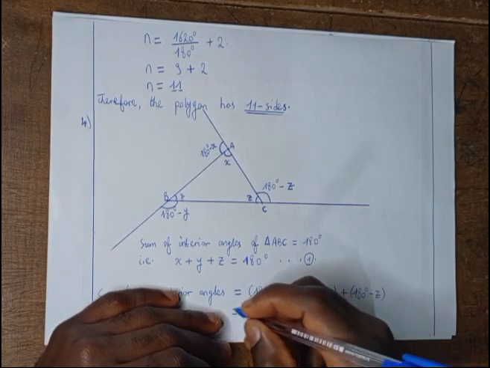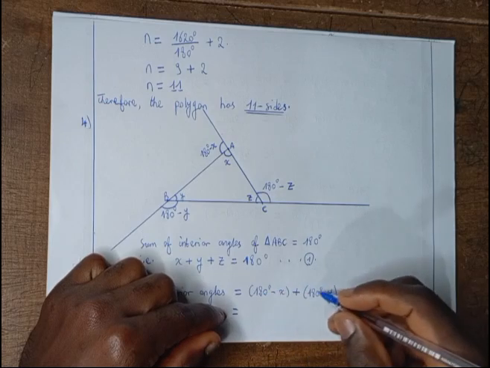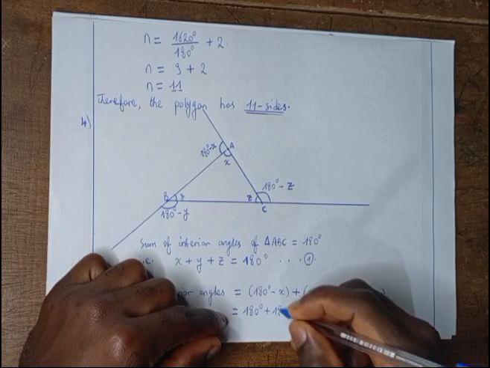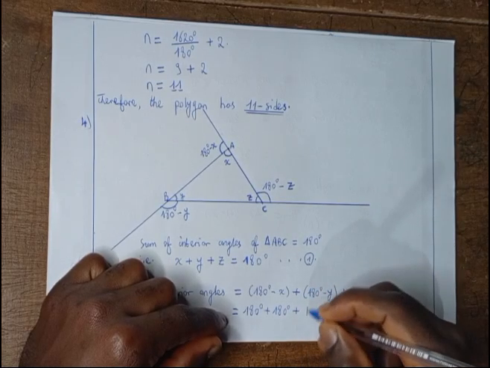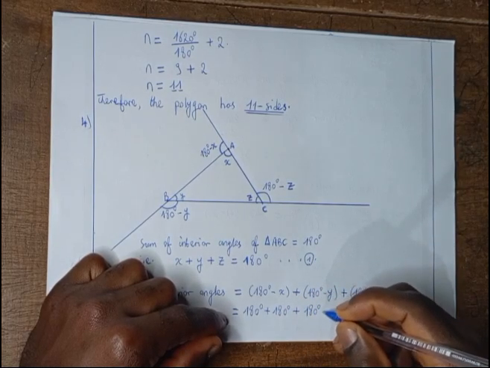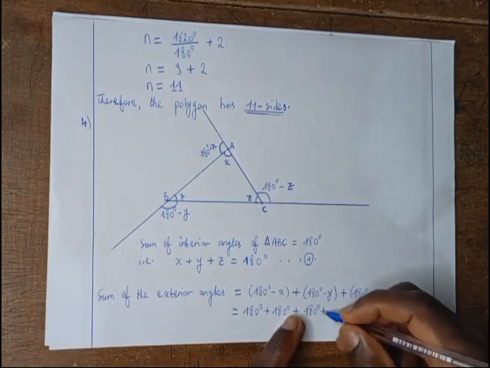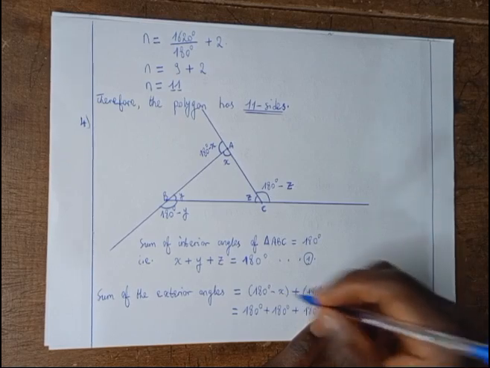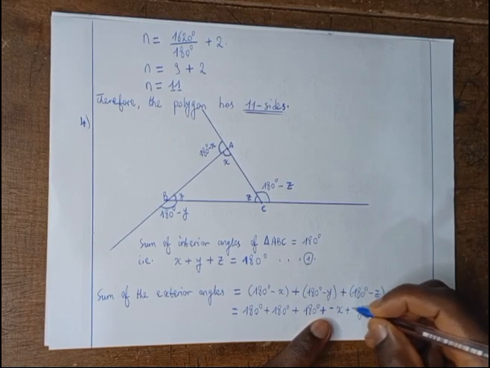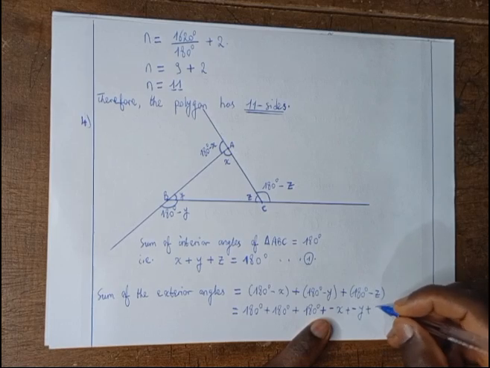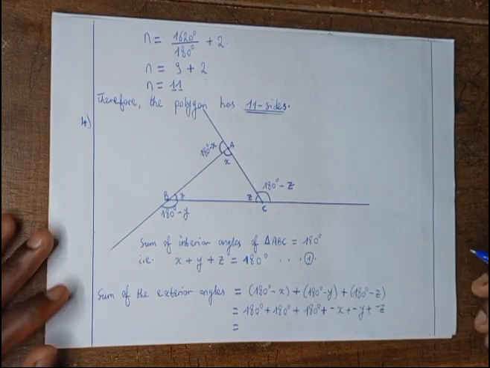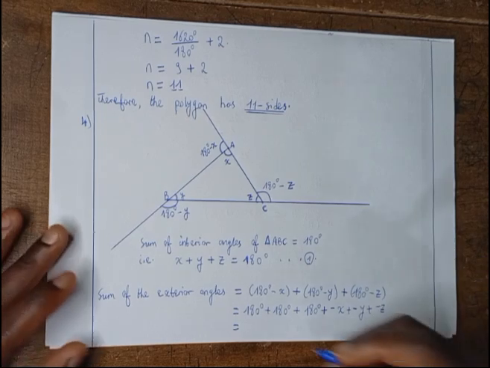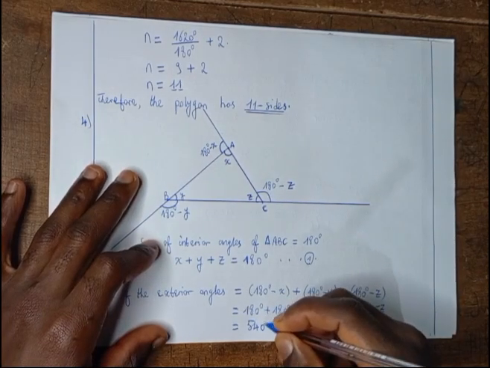So this will simply give us 180 degrees plus 180 degrees plus 180 degrees plus negative x plus negative y plus negative z. 180 plus 180 plus 180 gives us 540 degrees.